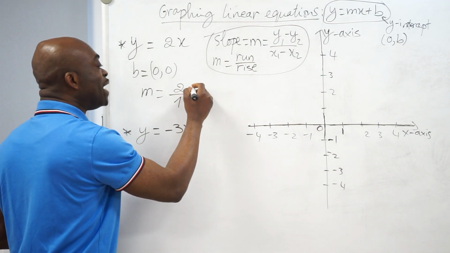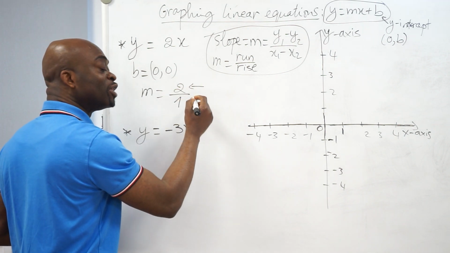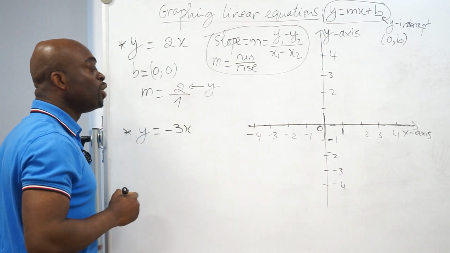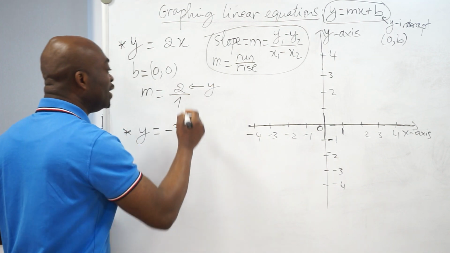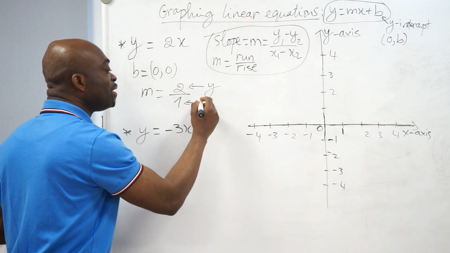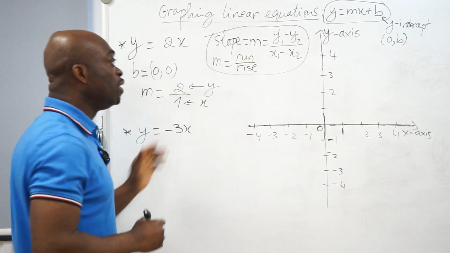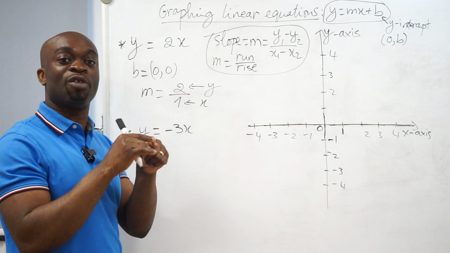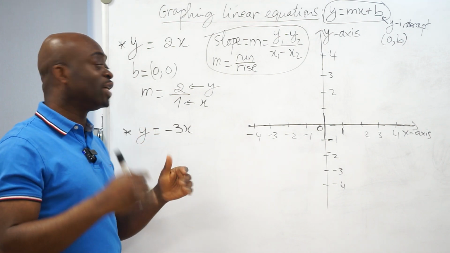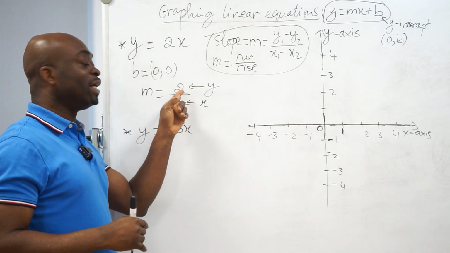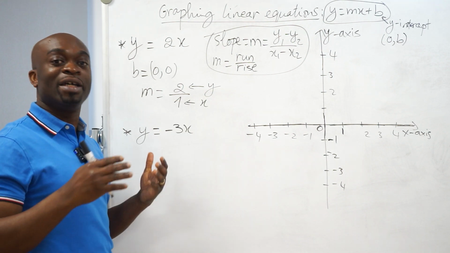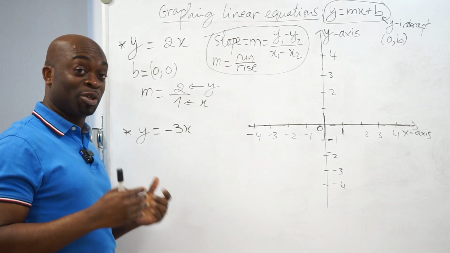So that y value, which is 2, and the 1 is an x value, based on our formula, m is the change of y over the change of x. So the 2 here is a y value, and the 1 here is the x value. We good so far?